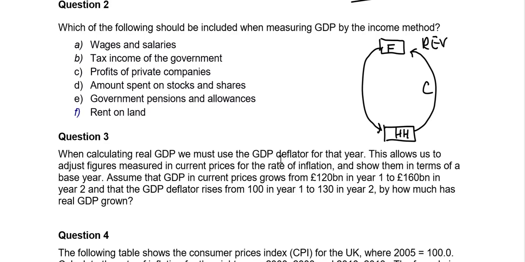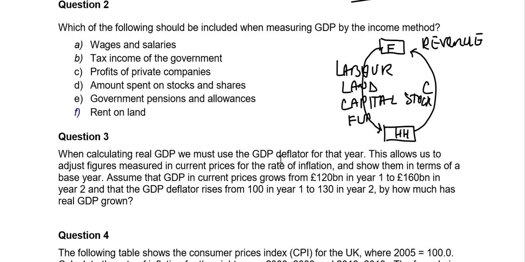Now, to produce the goods and services they supply to the households, firms hire from the households labor, land, capital stock, which could be physical capital, and funding, and so on.